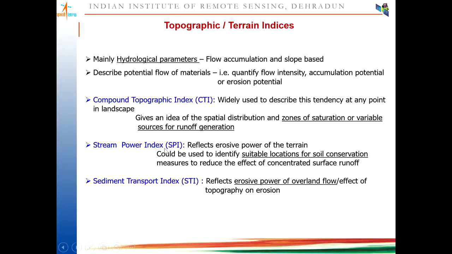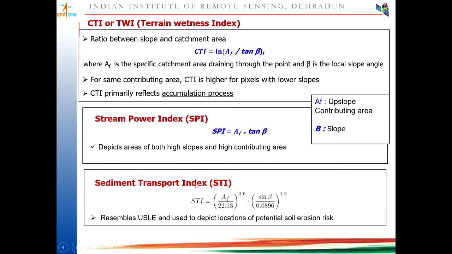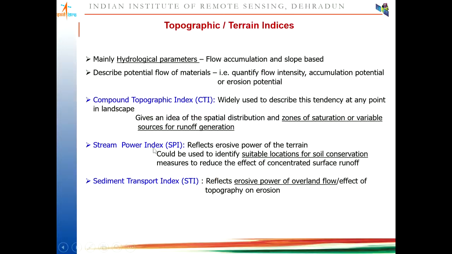Another is the stream power index, and third is the sediment transport index. The stream power index gives you an idea about suitable locations for soil conservation measures, whereas the sediment transport index gives you an idea about the erosive power of overland flow, meaning with how much velocity the stream water will flow.